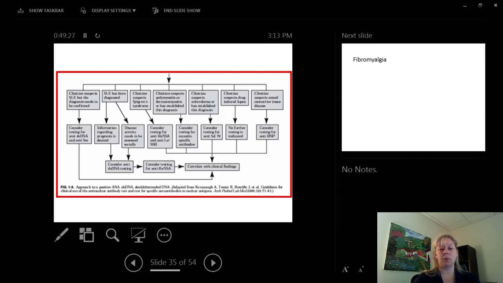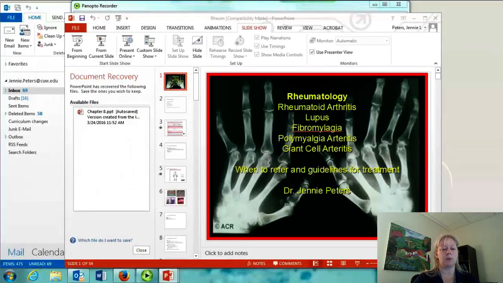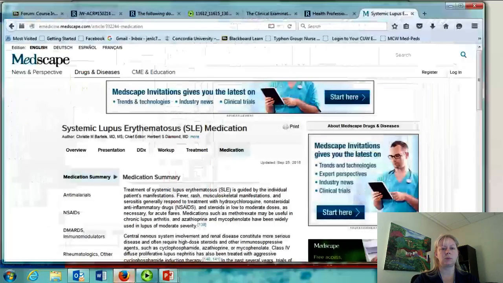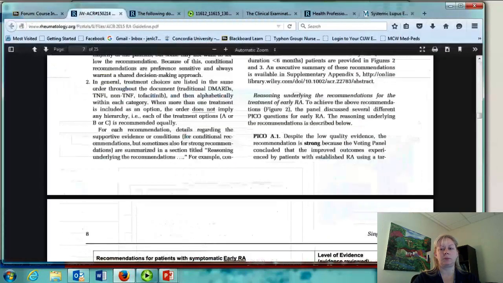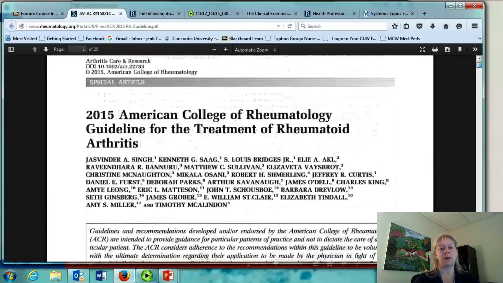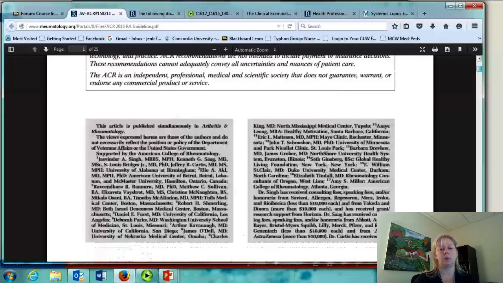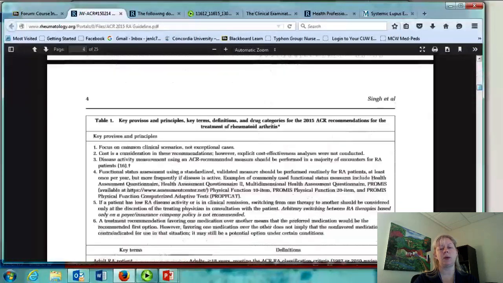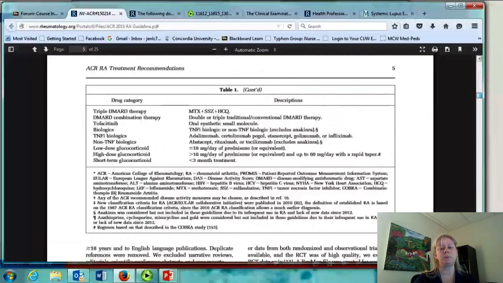All right, so what I'm going to do also is bring you to the rheumatoid arthritis guidelines. This is the 2015 ACR guideline for rheumatoid arthritis. This will be available to you, and this is what you should be using.